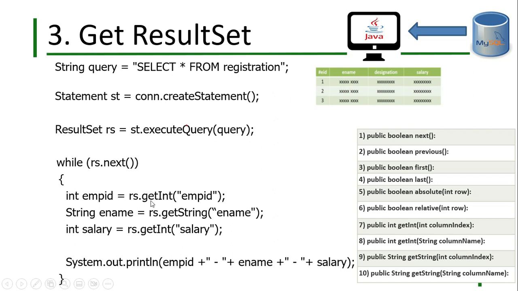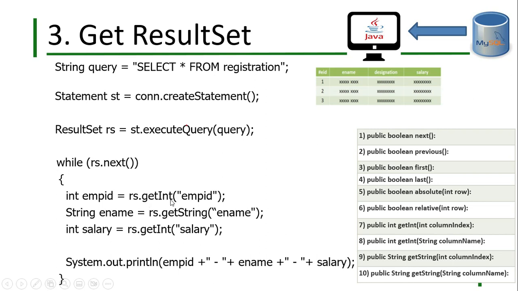After getting the first record, each and every column's data can be retrieved with ResultSet functions like getInt. Suppose that the data type of that column is integer. In this case, the first field is an integer, so we have to retrieve it with the getInt function.